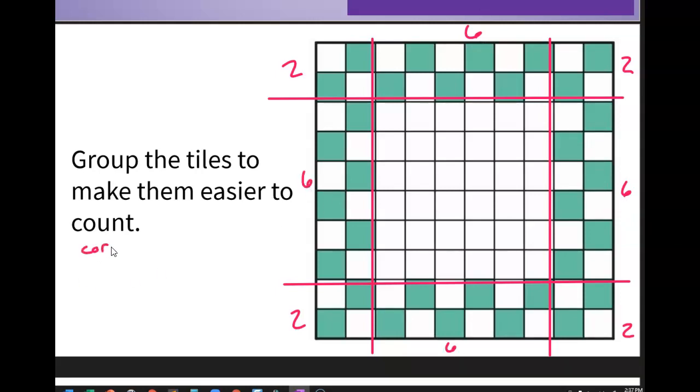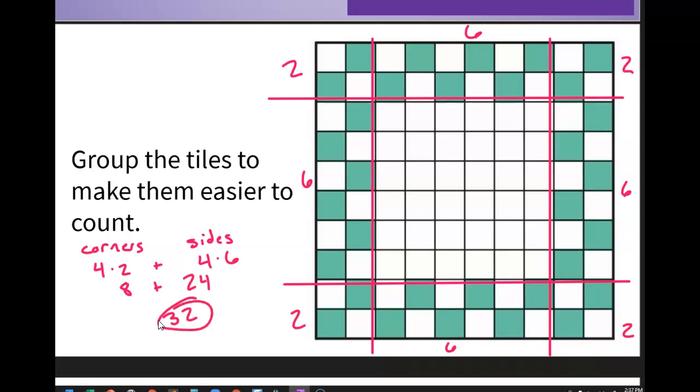So on our corners, we have 4 corners times 2 tiles each. And on our sides, we have 4 sides times 6 tiles each. So 4 times 2 is 8, plus 4 times 6 is 24. We add those together, we get 32.